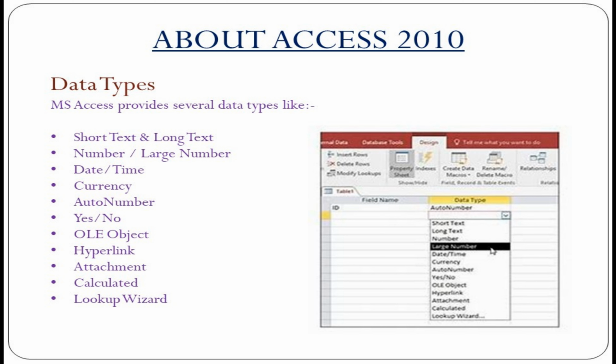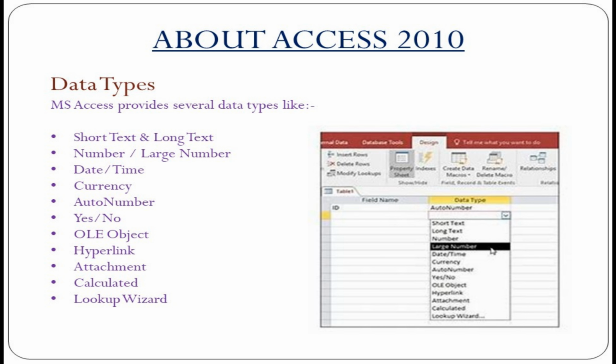And hyperlink, as we know, is used when we require to switch to another page. Attachment is used when we require to attach some file or some memo-like data. Calculated is used when we require to do some calculation.